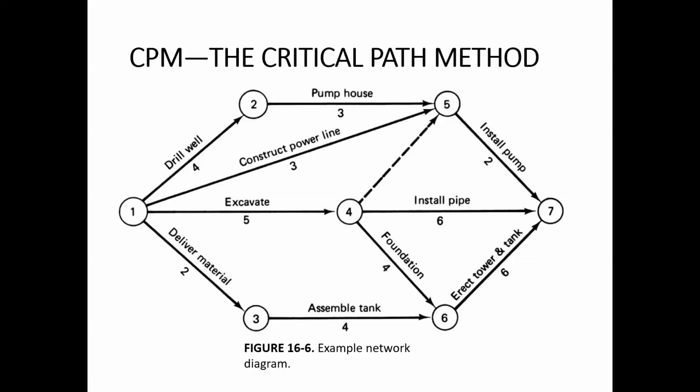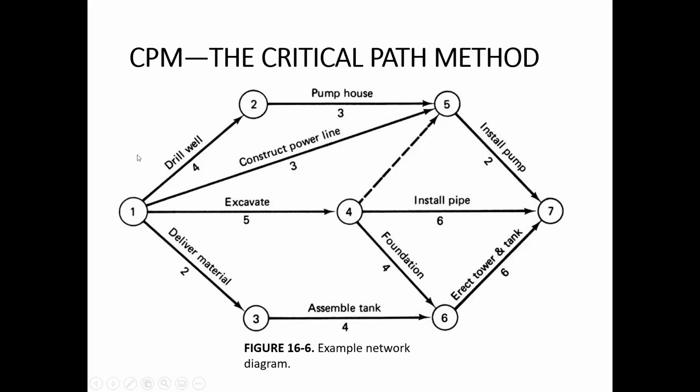Let me show you the figure. There are certain descriptions given on these slides, but it is better for me to show all those descriptions in the form of a network. So you can see now figure 16.6 from the book. This figure shows a small project.